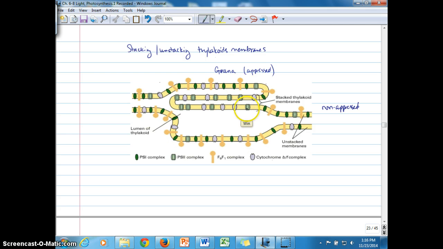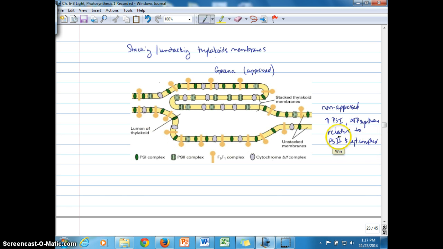And so the question is, what would be the advantage of stacking to eliminate those components of the light reactions from those regions? Well, in the unstacked regions where you have all four, there's going to be an increase in photosystem I and ATP synthase activity relative to, let's say, photosystem II and the cytochrome b6f complex.